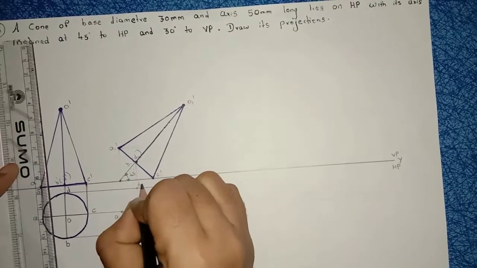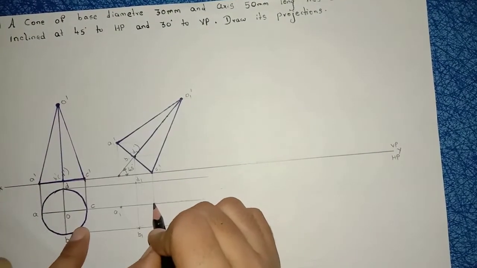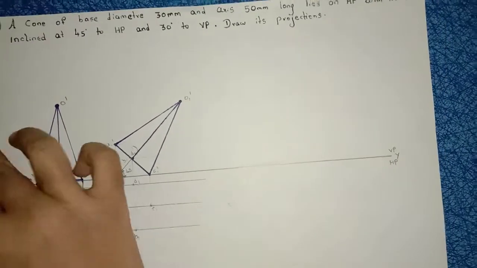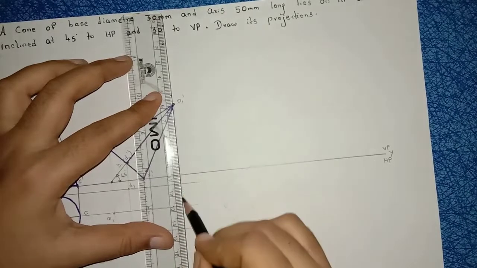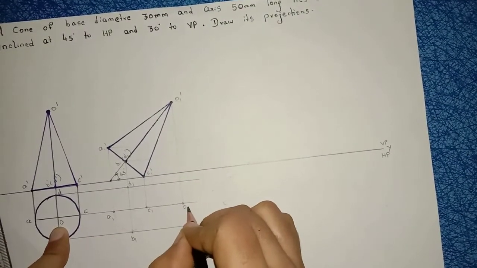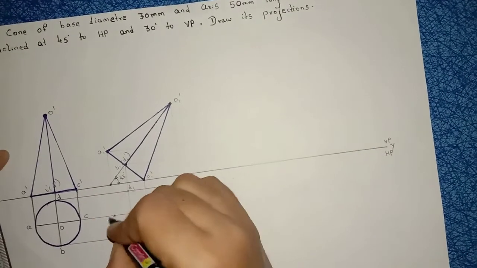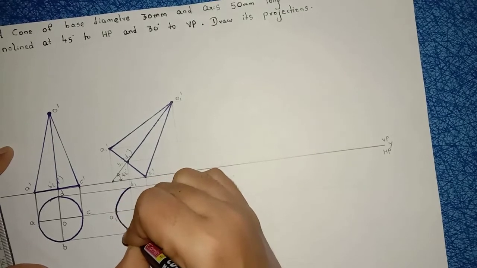This point is D1. From C1, draw the projectional line till C, name it as C1. For the pyramid, from the O point also you have to draw the projectional line. From O, draw the projectional line till O, name this point as O1. Now join A, B, C, D.